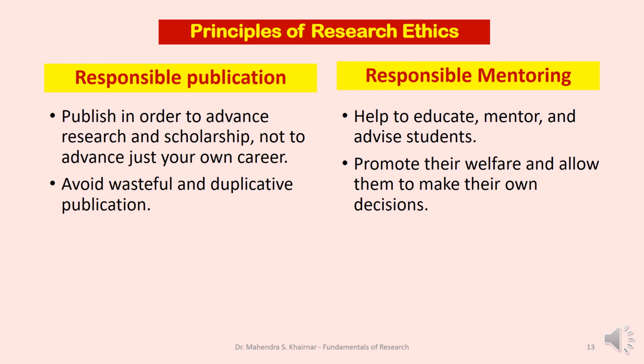Responsible publication means a researcher shall publish his work in order to advance the research, to acquire scholarship, and not just to advance his own career. Why does research need to be published? Because it shall come into the public domain.